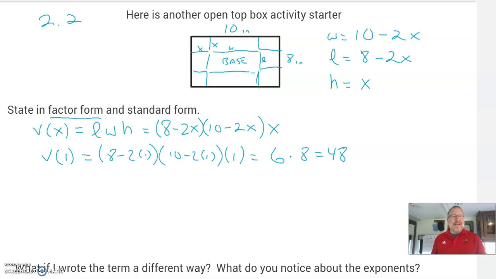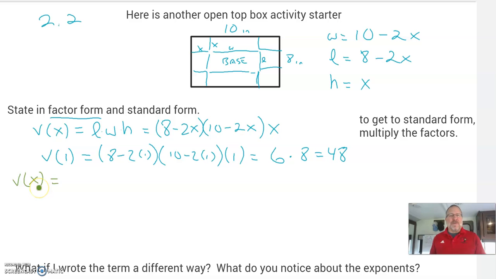To get to standard form, you need to multiply out all the factors. So if V of x is equal to 8 minus 2x, parentheses, 10 minus 2x, and then times another x. Well, I'm going to use the commutative and associative rules.